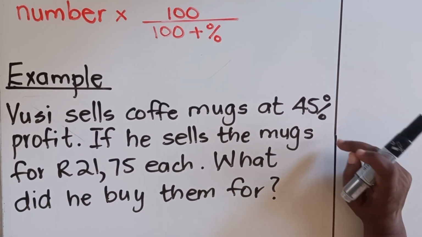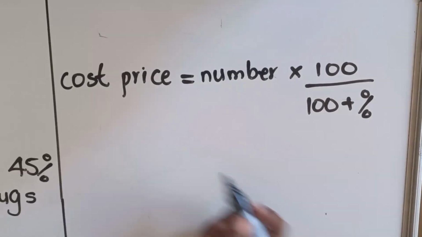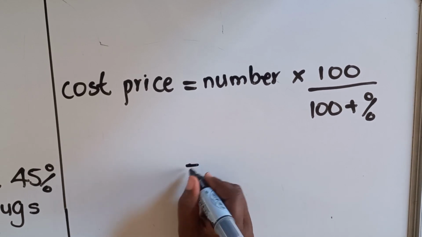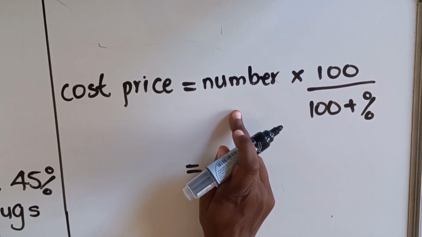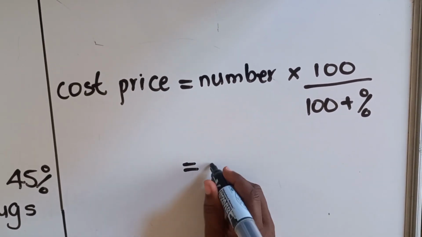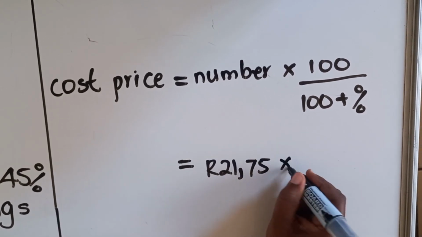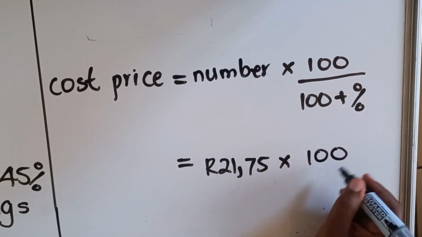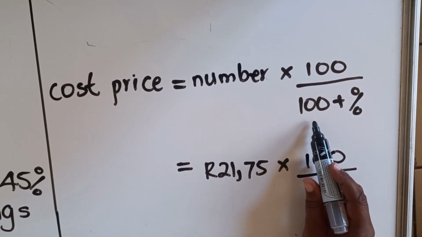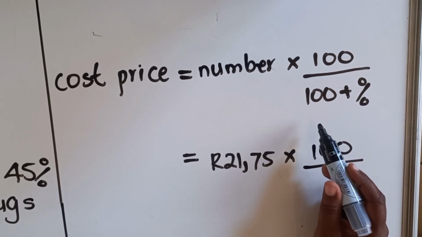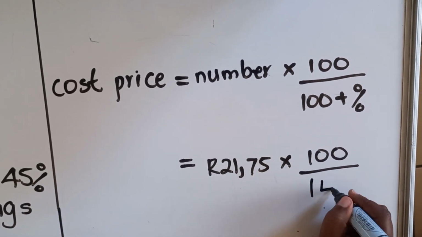The cost price is the amount of the item before the profit. It equals the number, so the number here is 21 rand 75 cents multiplied by, the formula says, 100 divided by 100 plus the percentage. The percentage is 45, and 100 plus 45 is 145.